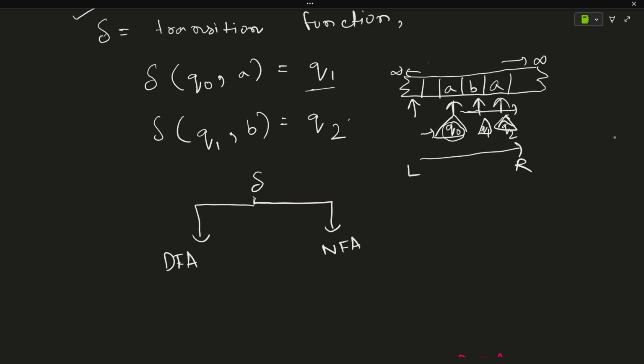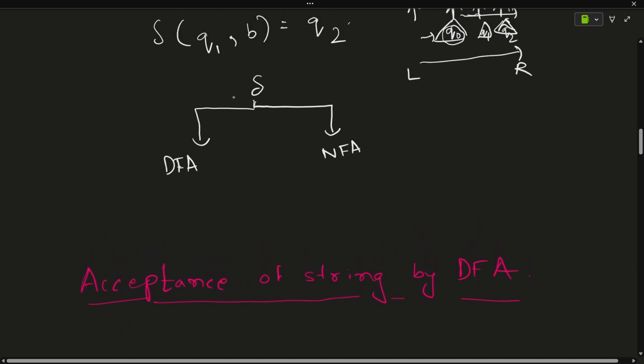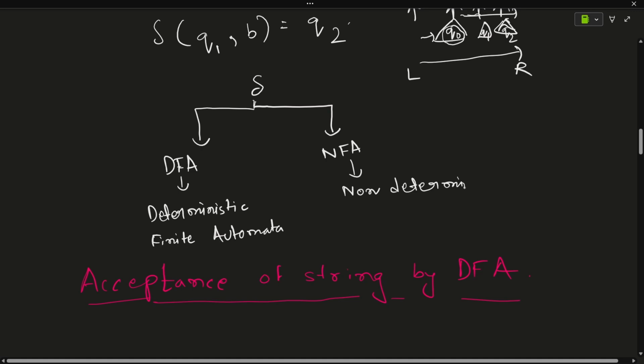What do I mean by DFA? DFA is deterministic finite automata, and NFA is non-deterministic finite automata.